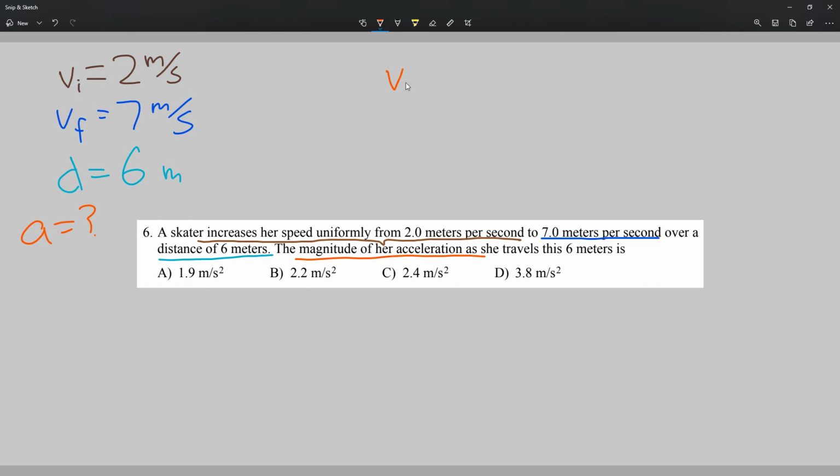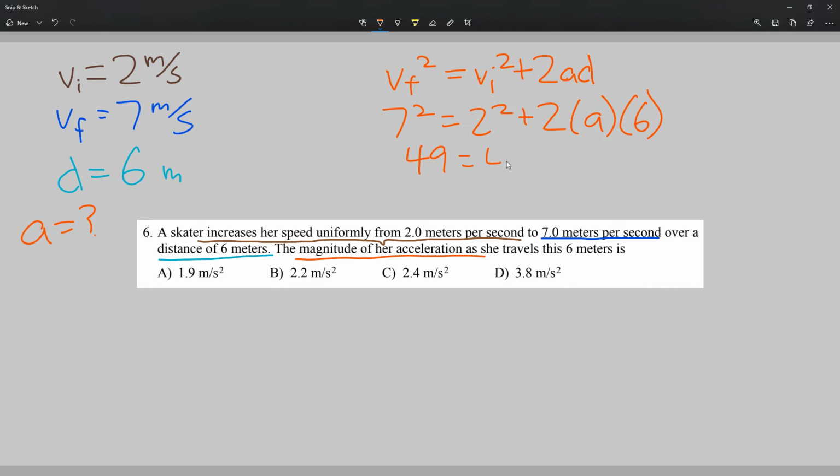The formula you're going to use is VF squared equals VI squared plus 2AD. It has all the variables we need: VF, VI, D, and we're solving for A. I'm going to plug in everything now. 7 squared is 49, 2 squared is 4, plus 12A.